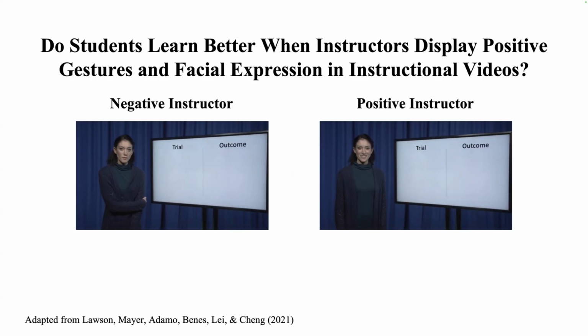You can't hear her voice, but her voice also conveys negative emotion. On the right, she's trying to convey positive emotion. She's smiling. She's leaning forward. She has a positive voice. But her lecture slides and the content of her lecture are identical. People learn better from the positive instructor than from the negative instructor.